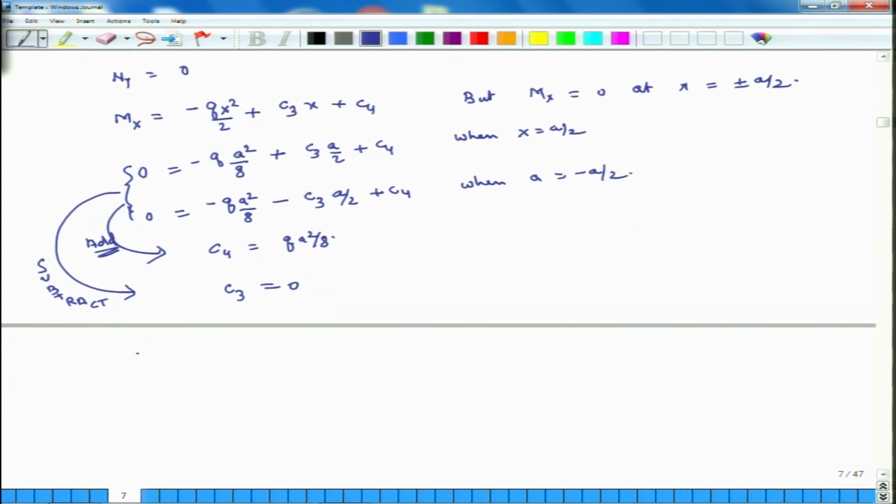Essentially, mx is equal to minus q x square by 2 plus q a square by 8.